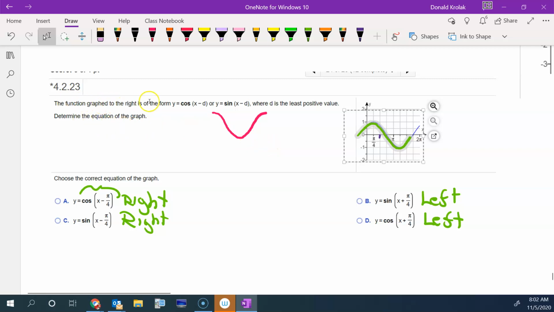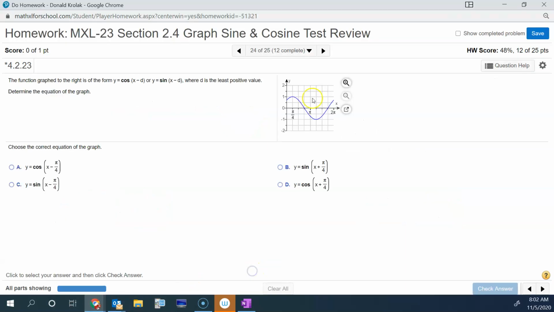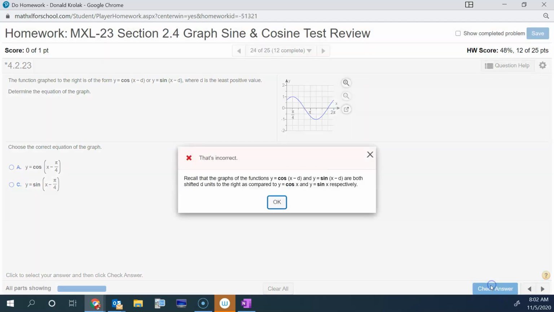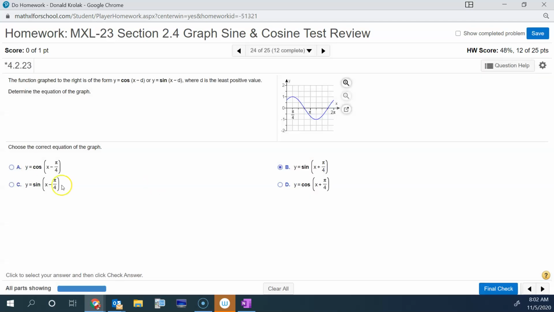So let's see, does it say? I'm going to choose B and just see what happens on MXL. Okay, that's to the left, pi over 4. Does it say? Oh, here's why it's not that.